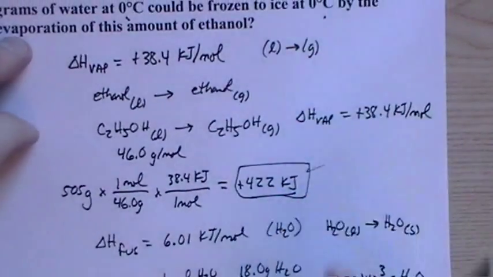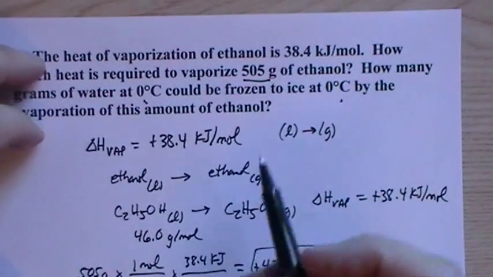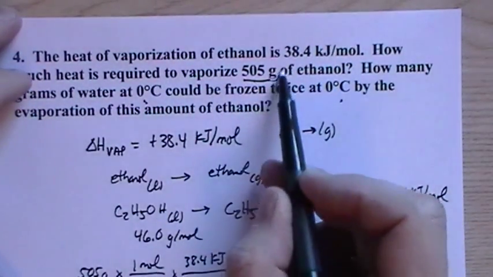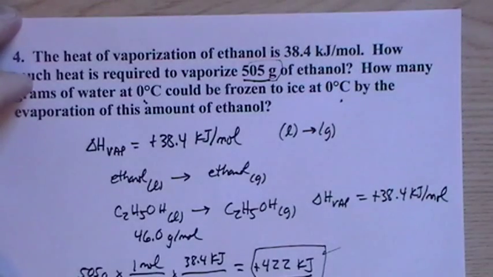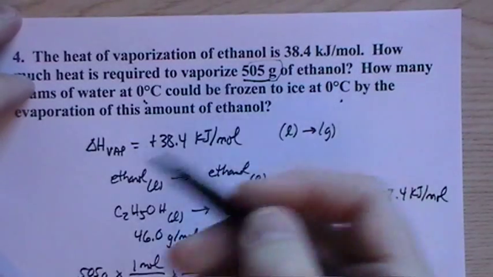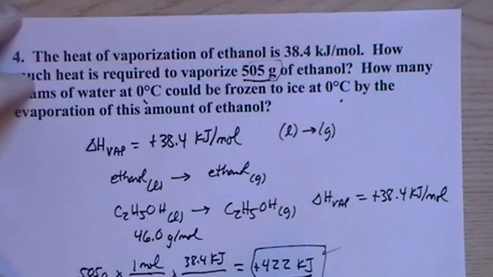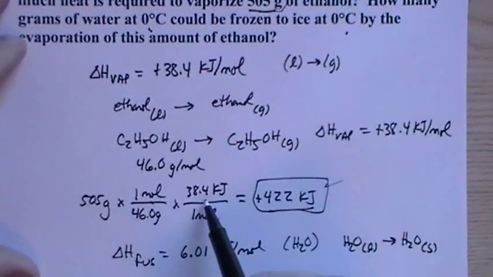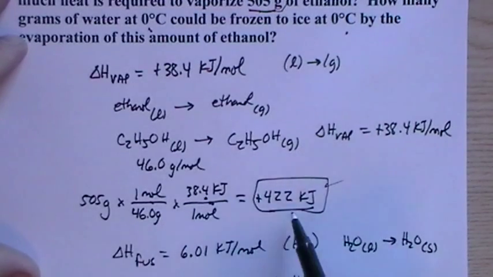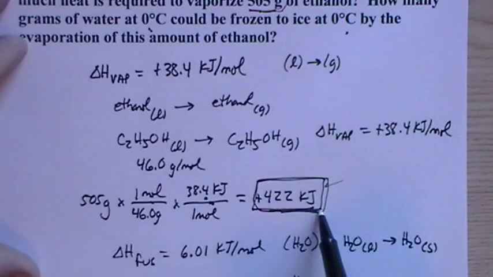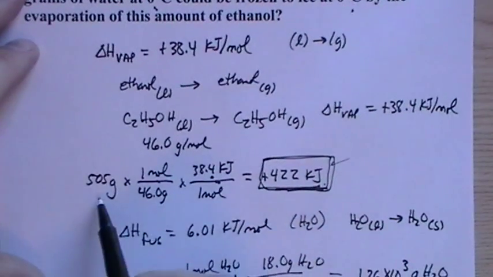So this is a two-part question. This is how I put it on the exam. You have so many grams of ethanol, or whatever it is. It could be ammonia, whatever the other compound is. Convert to moles. For every mole, we have this much heat that is used to vaporize it. Here's the total amount of heat that went into vaporizing the ethanol, the 505 grams.